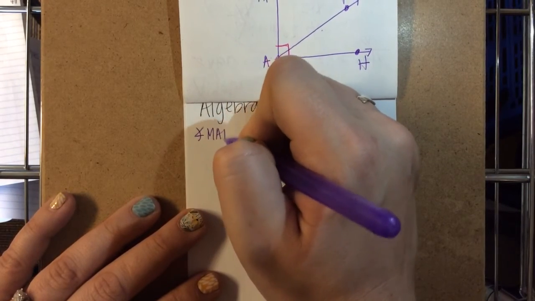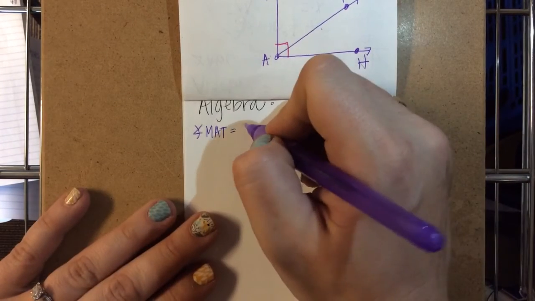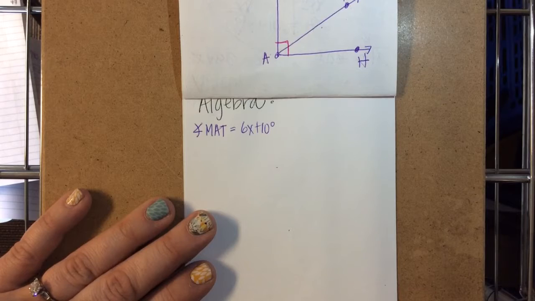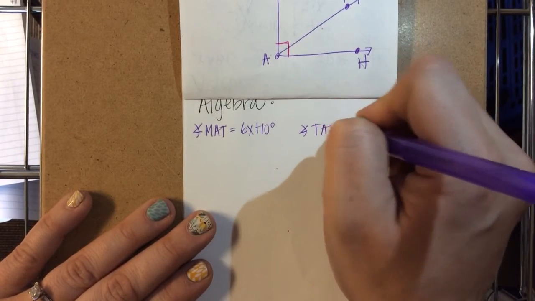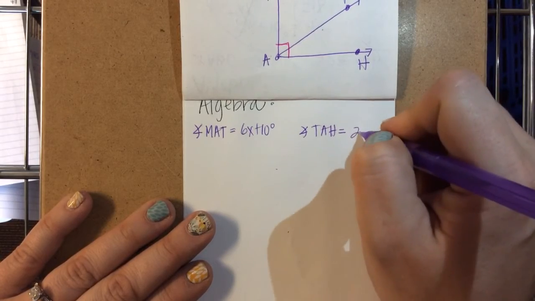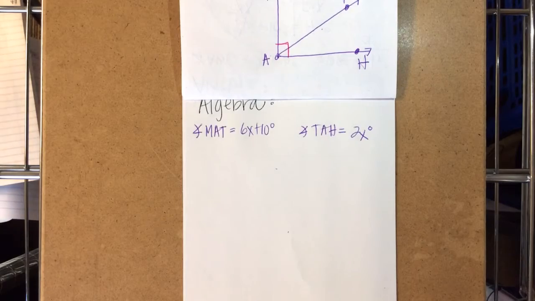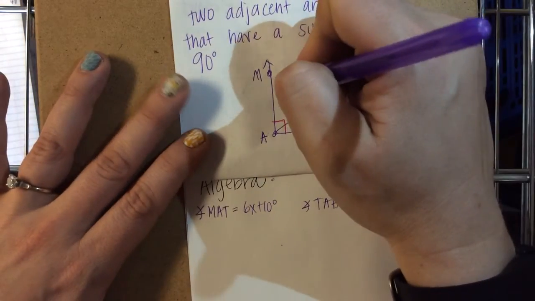Ready? Angle MAT is 6x plus 10 degrees. And angle TAH is 2x degrees. And looking at my picture, I could put this in here.